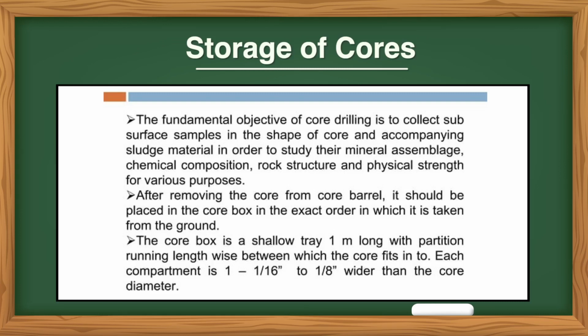The core box is a shallow tray 1 meter long with partitions running lengthwise between which the core fits. Each compartment is 1/16 to 1/8 inch wider than the core diameter.